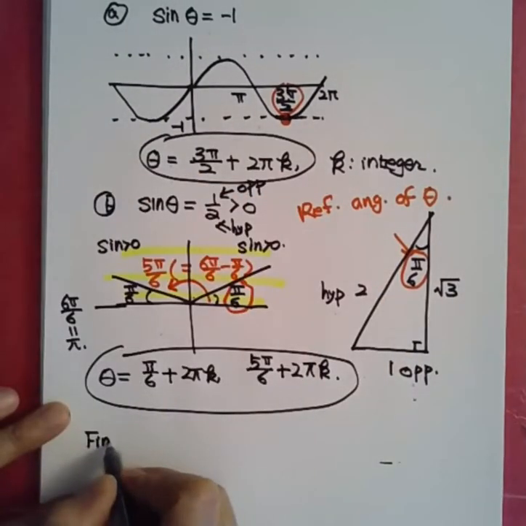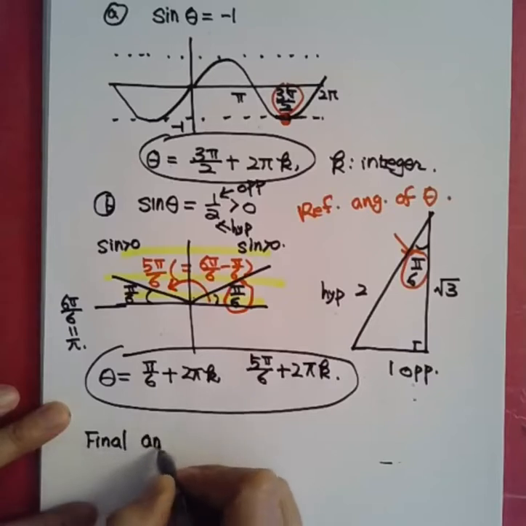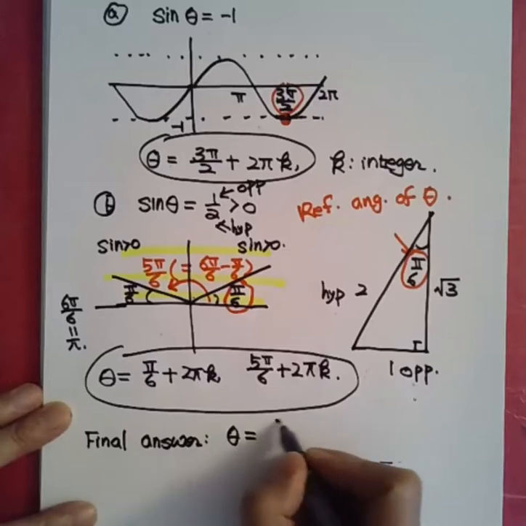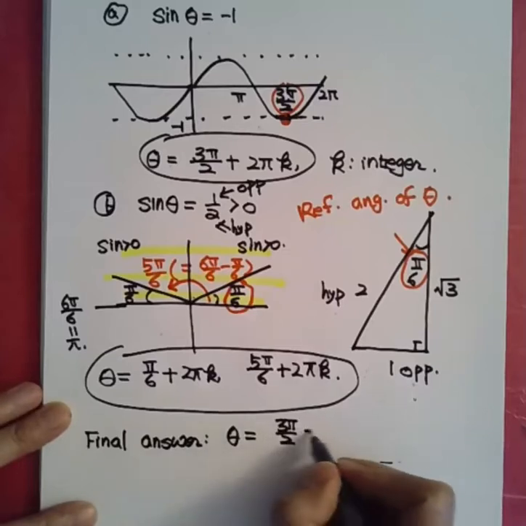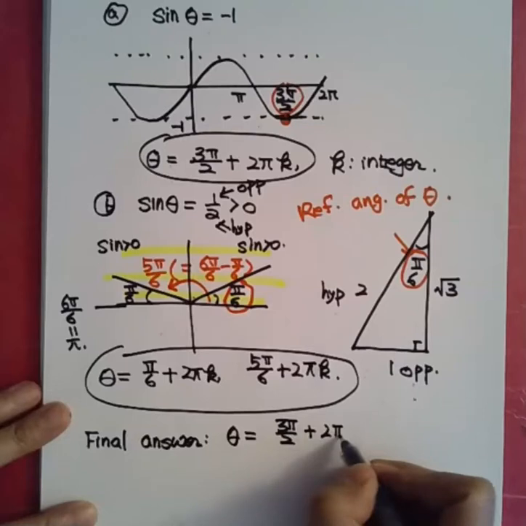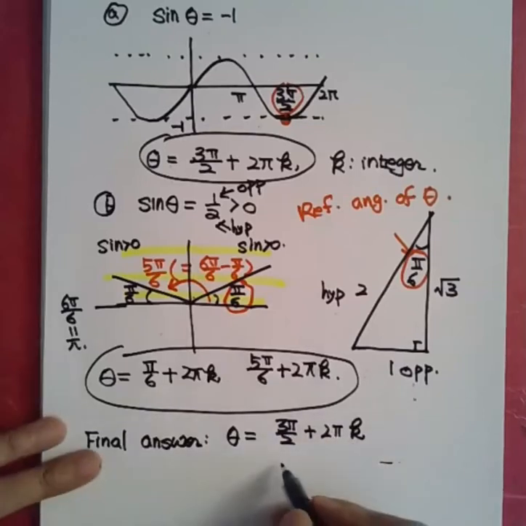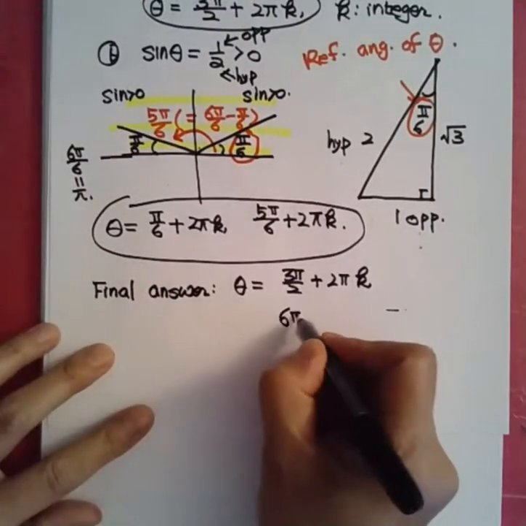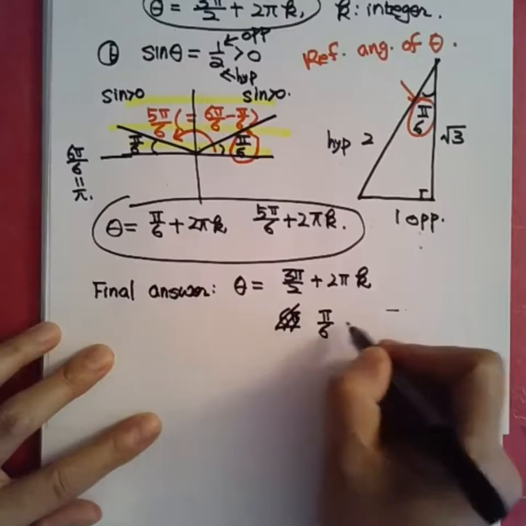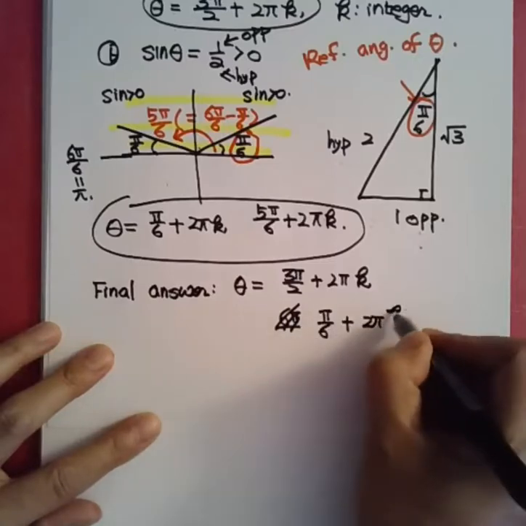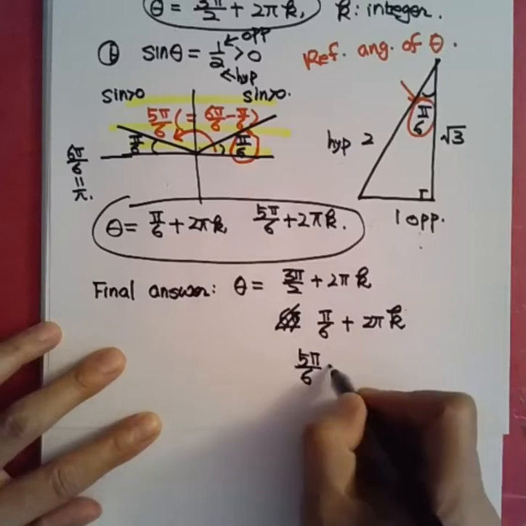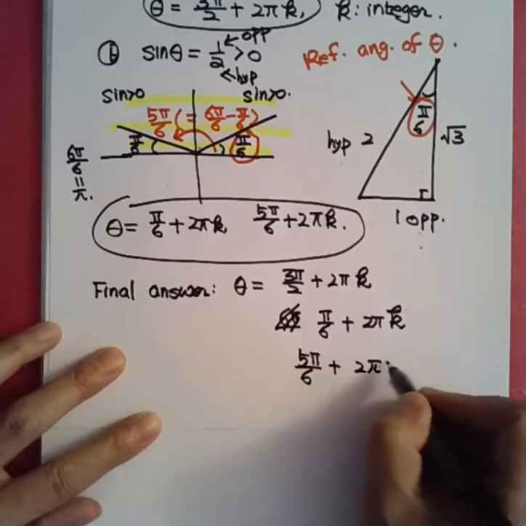So the final answer is theta equals 3 pi over 2 plus 2 pi k, and pi over 6 plus 2 pi k, and 5 pi over 6 plus 2 pi k.